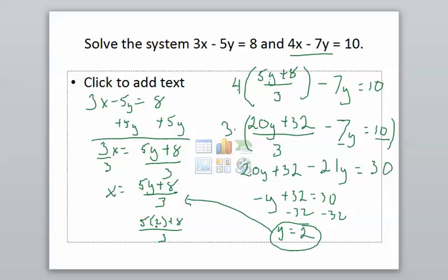Well, 5 times 2 is 10, plus 8 is 18, divided by 3 is 6. So my x value is 6. My point that I'm looking for is 6, 2. Ta-da. Cool? Let's go on to the next one.